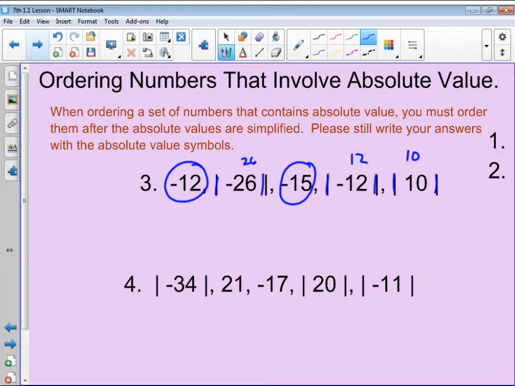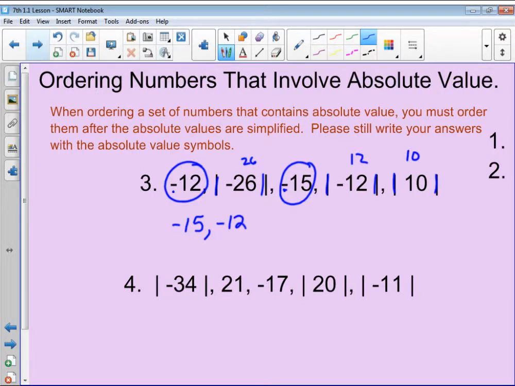I always like to start with those because those are the ones that tend to trip people up the most. This negative sign, I can also think of as opposite. When I normally think of 12 versus 15, I would say 15 is the larger one. Since these are both negatives, I'm going to think the opposite. So -15 would be the smallest, then -12.